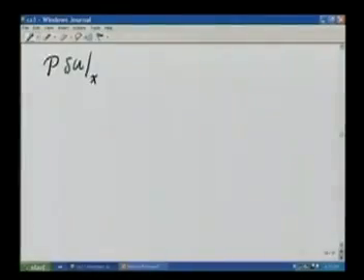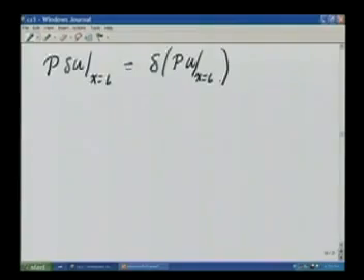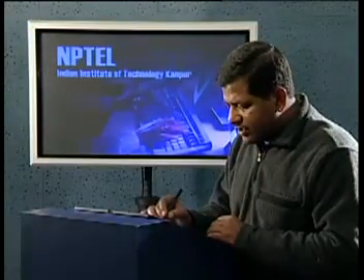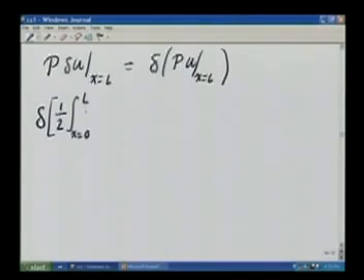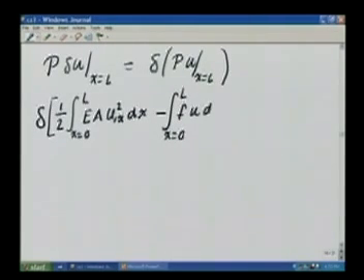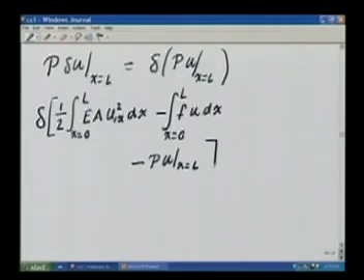And the term p delta u evaluated at the point x equal to L is equal to delta of p u evaluated at x equal to L. So by collecting all the terms together, what we end up getting is delta of half of integral x equal to 0 to L EA u comma x squared dx minus integral x equal to 0 to L f u dx minus p u at x equal to L. This is equal to 0 from what we have said earlier.